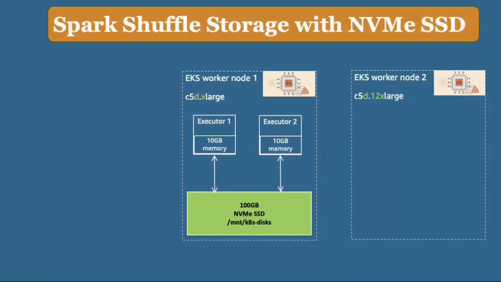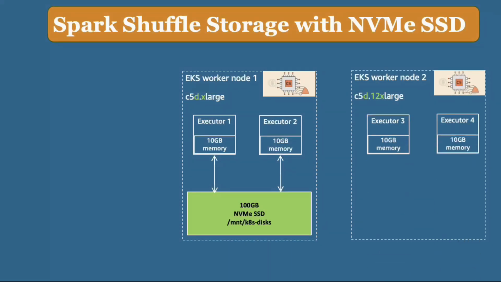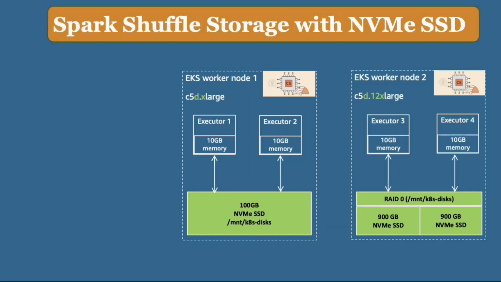Similarly, you have one more worker node which is C5D.12xlarge, and here we similarly have two pods, and both of them are using 10 GB memory, and in this case we are using a different configuration called RAID. So in this case, one or more SSD disks can be combined logically and create one mount path, /mnt/k8s-disk.